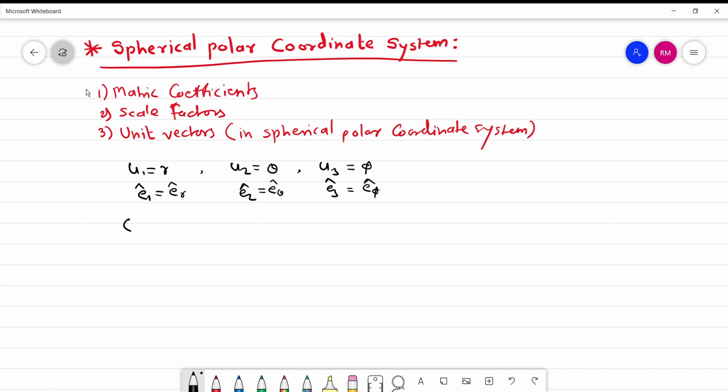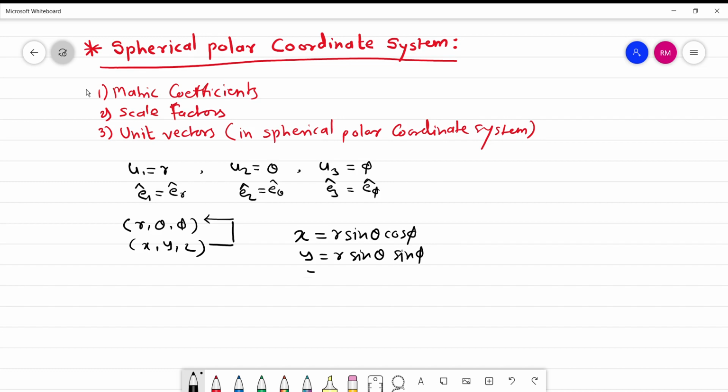What we know is this: r, theta and phi are coordinates in the spherical polar coordinate system, and x, y, z are Cartesian coordinates. So if we see the transformation equation between r, theta, phi and x, y, z, then we can write it like this: x is equal to r sine of theta cos of phi, then y is equal to r sine of theta sine of phi, and then z is equal to r cos theta.